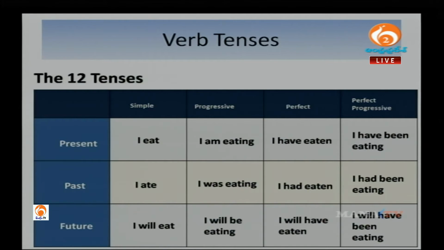The next tense that we are going to talk about is perfect continuous. So what is perfect continuous? Now when I am saying perfect, I mean to say the action is complete, right? And when I say continuous, I mean to say the action is happening, right? So let's try and understand what is present perfect continuous.